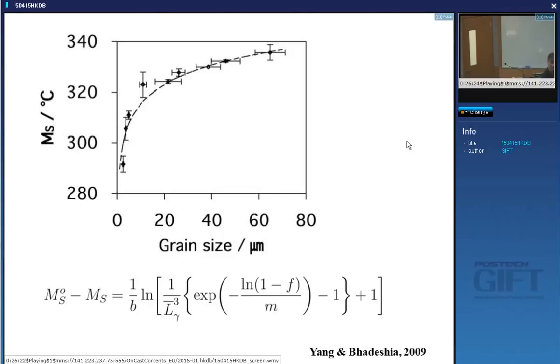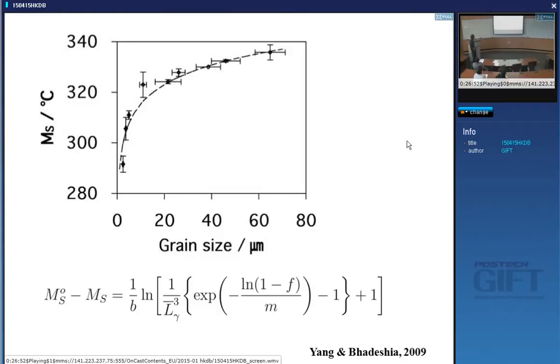And the effect becomes important when you get to a grain size which is small. Right? Large grain sizes doesn't matter very much. Okay. And it's a very simple calculation actually. Always, if you have a simple calculation, people will use it, and therefore you will get a lot of citations. Yeah? But it works very well. Of course, you can see these are experimental data, and this is the calculated curve.